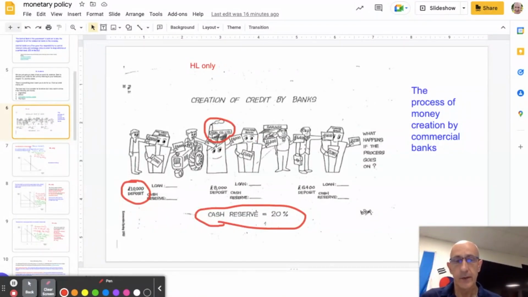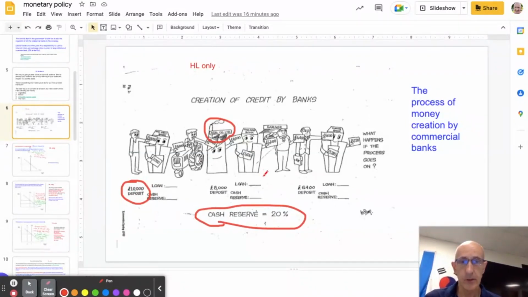So what you can see happening now is that initial deposit of £10,000 has created additional money of £8,000, because at this moment in time, this guy can still go to his bank and take out his £10,000, and Agrico can go to their bank and take out their £8,000. There's £18,000 worth of money now in the system that started with just an initial deposit of £10,000.